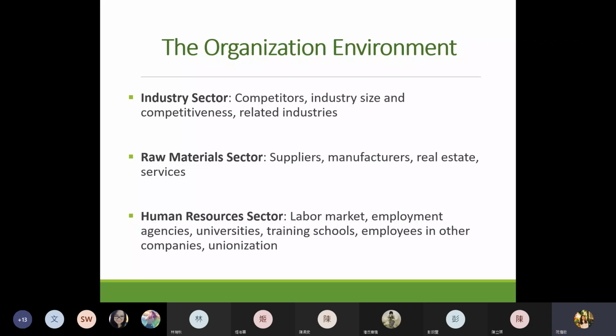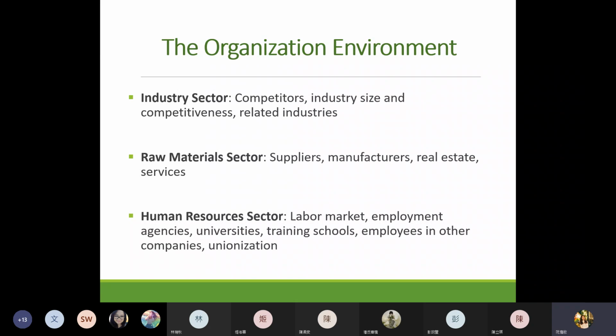Actually, it's about, for example, when companies need to develop or need to have some new position for specific skills or knowledge, maybe it's very hard to find a qualified one from the labor market.